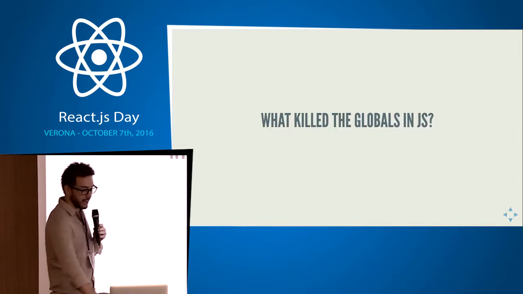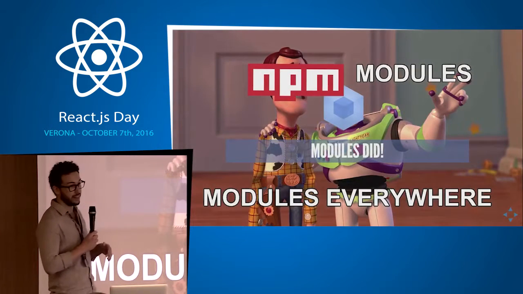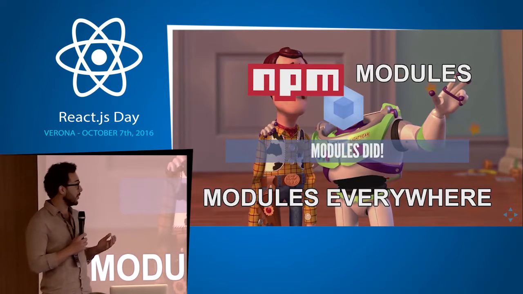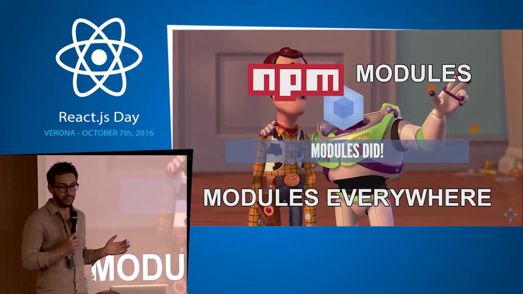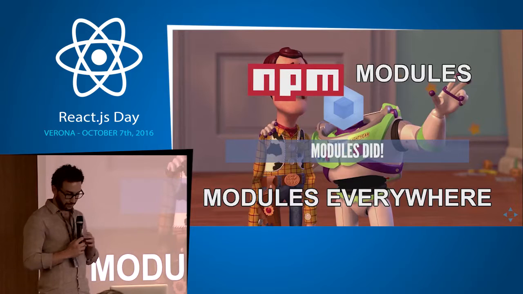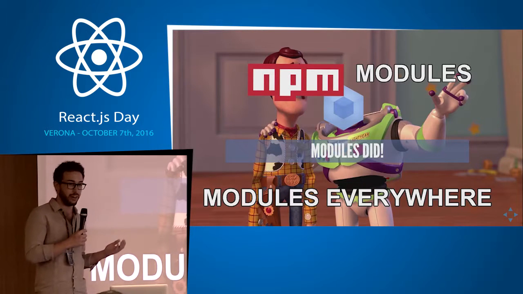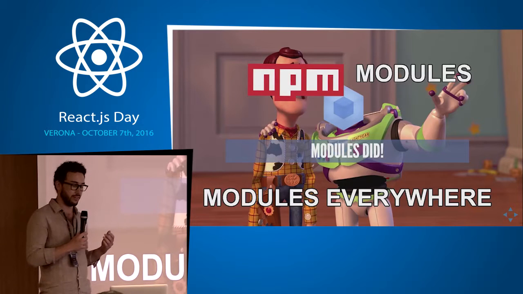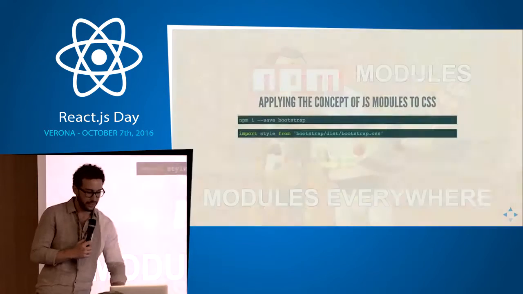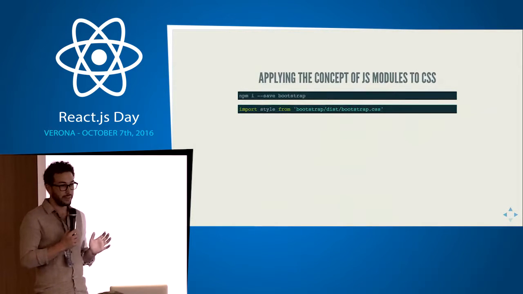The answer to that is probably Webpack and NPM, because now instead of globals, there are modules everywhere in JavaScript land, right? So can we actually apply the same concept of modules that we did with JavaScript to CSS? Let's just start a little thought experiment.